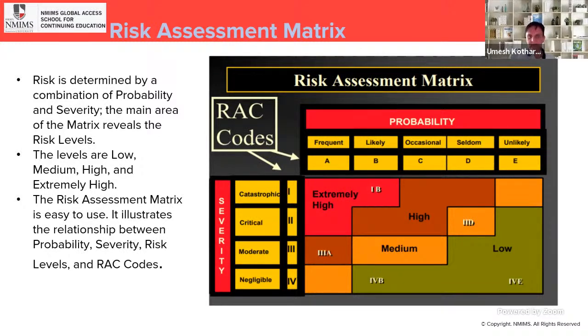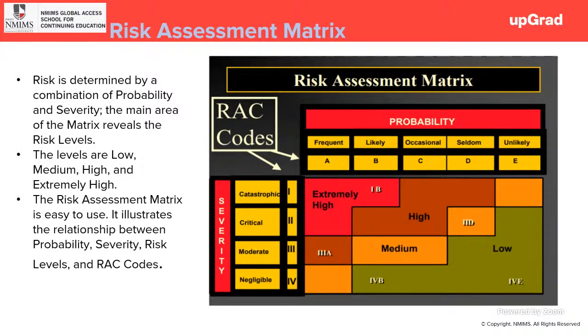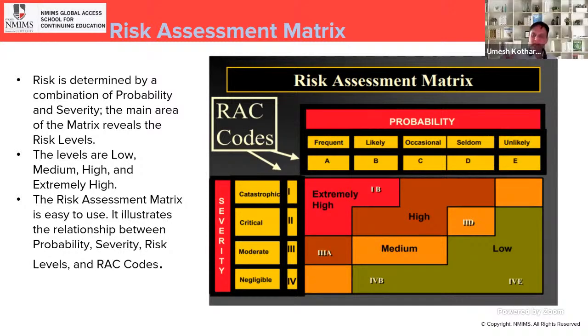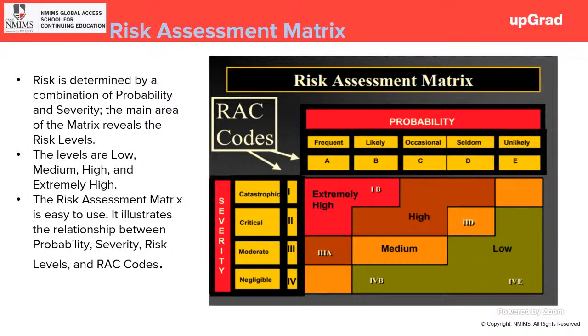And how would you attend to the risks? Depending on the level of the risk, you can address them, take some preventive steps. And to determine whether detection is important or prevention is important, whether it needs to be real time or offline, all those things can be determined based on this.